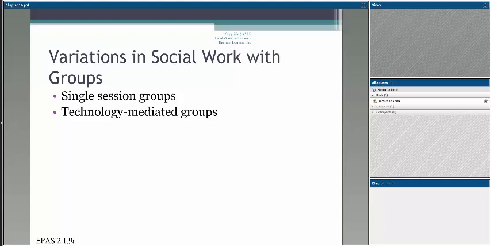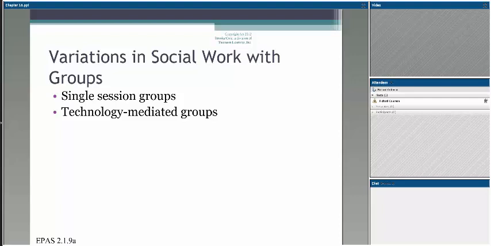This slide really just talks about the variations in terms of social work groups. So we could do single group sessions at a point in time. Sometimes there are situations or circumstances that may lend themselves to, let's do this one session and we should be able to resolve the issues. And then technology-mediated groups, so the use of technology like you're using here in your video lecture.